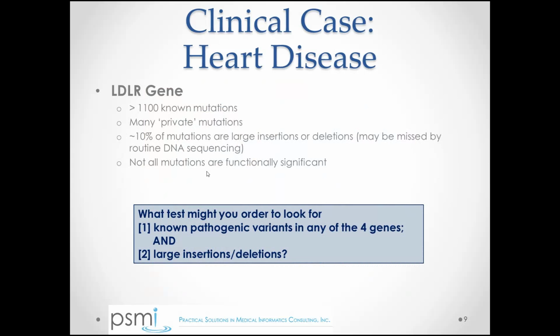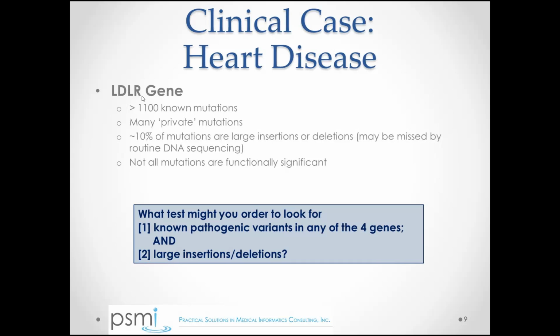And a couple of things are important to know about this particular gene, and to emphasize why the more you know about the disease you're pursuing, the more likely it is that you're going to be able to discover the variants. For this particular gene, and this is the most common cause of familial hypercholesterolemia, even though those other 3 genes can be associated with the disease, mutations in the LDL receptor gene are the most common.